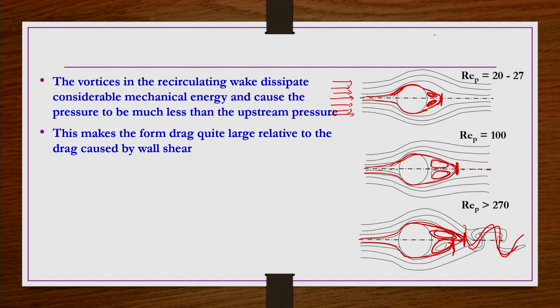Let us say at REP equal to 0.1, CD is nothing but 24 by 0.1, which is 240. So here CDP is 1/3 of this, approximately 80, and CDF is approximately 2/3 of this, that is 160. Whereas when REP is 100, CD is approximately 1.1, the pressure force is almost 0.6, and friction drag is 0.5.